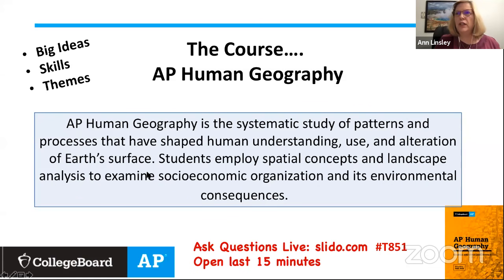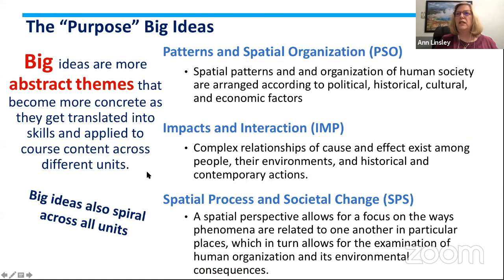They asked you to look at this in terms of these big ideas of patterns and consequences caused from impacts, and then spatial processes. How do we occupy space, and how does that space and the data that becomes part of that space change society? How does it change who we are, and what are the consequences?